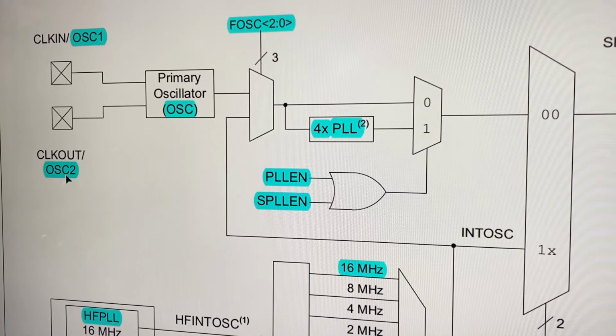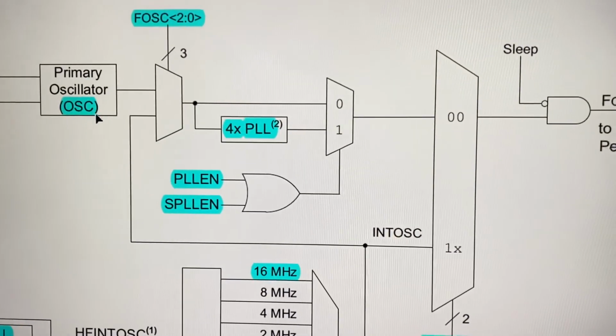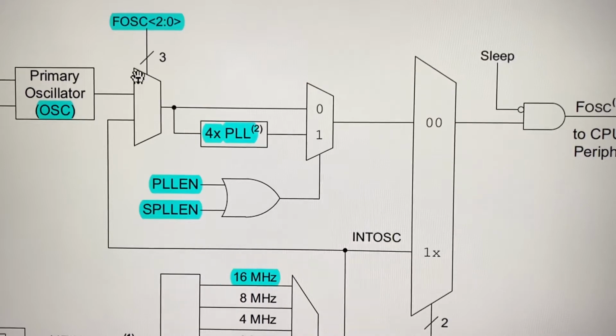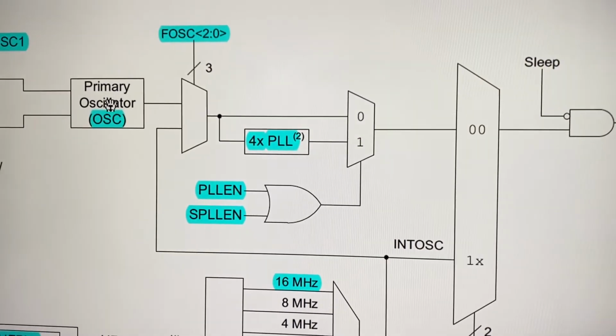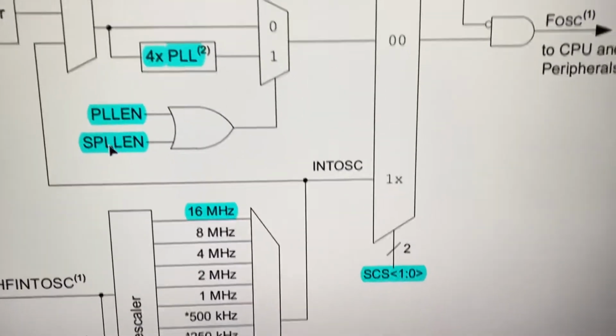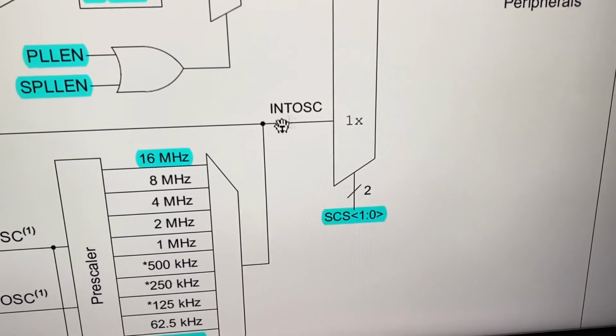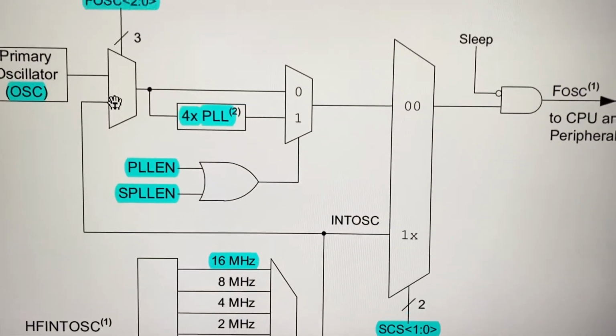If you have an external oscillator signal, it'll be applied to OSC1 or clock in. So this is the primary oscillator block, and then the signal comes here to this multiplexer with these pins 0, 1, and 2, with 3 pins. You can select these channels, whether you're working with the primary oscillator, or if you are willing to feed back the signal from the internal oscillator. If you want to send it over there, that's where it goes.